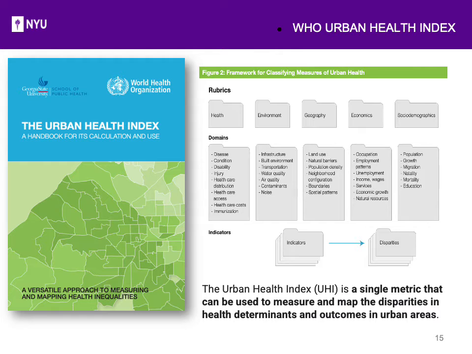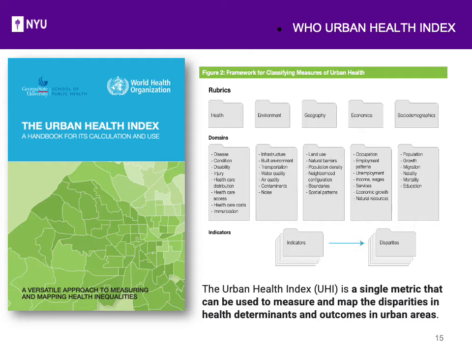Although we can look at health disparities and life expectancy, that does not capture the uniqueness of urban data. For example, I've shown you the diversity of the urban environment.